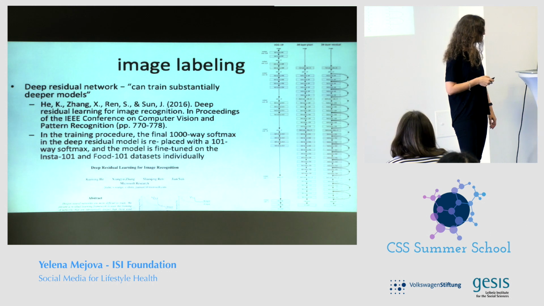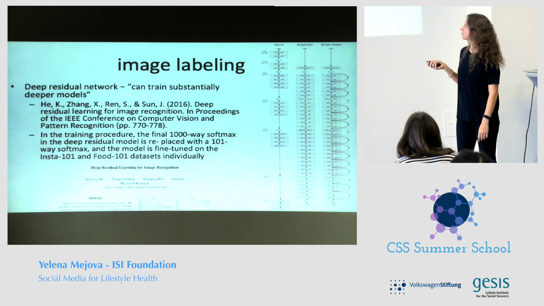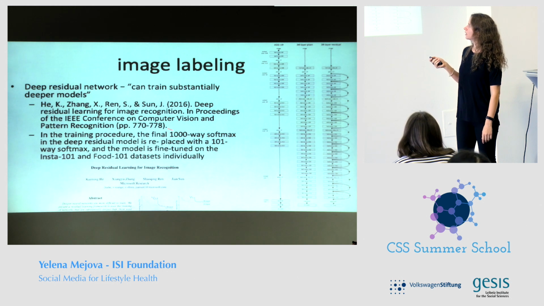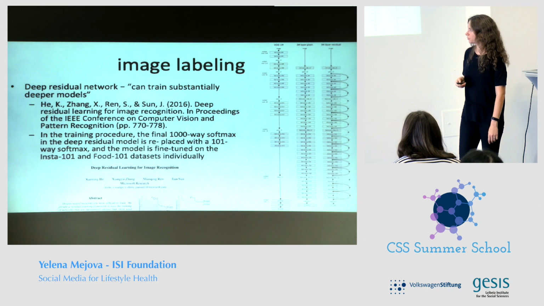So you take this pre-trained model, and what they do is instead of taking the 1,000-way softmax that it had, they replace it with a 100-way softmax that is then trained on 100 standard tags that are interesting to us for this research.